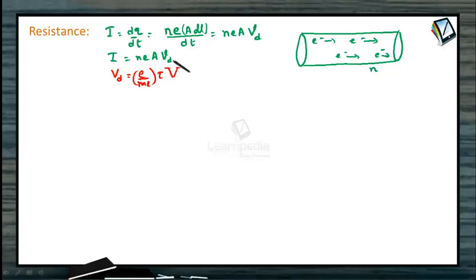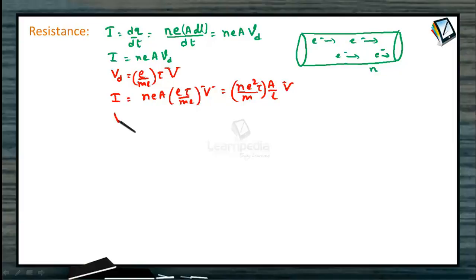Let us substitute this value over here. So the strength of electric current we can write as neA into e tau by mL times V. Rearranging, ne square tau by m, A by L into V, where V is the potential difference.